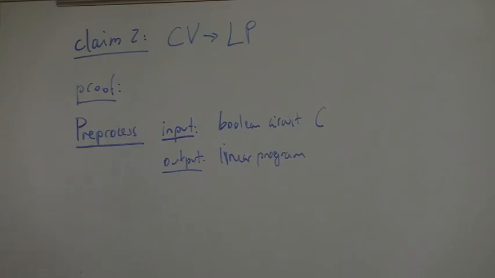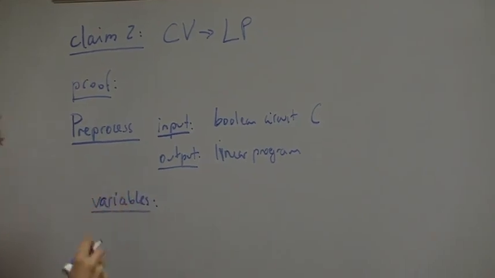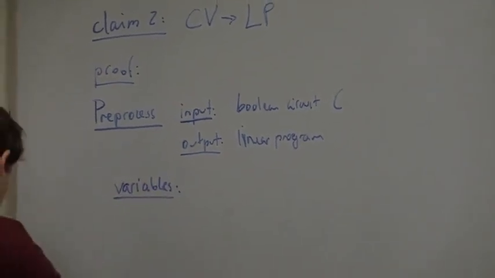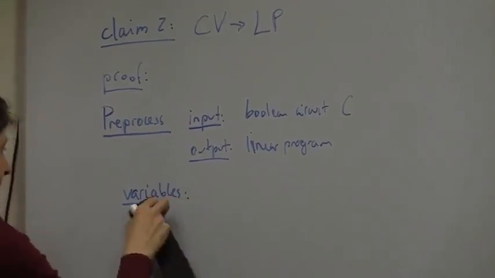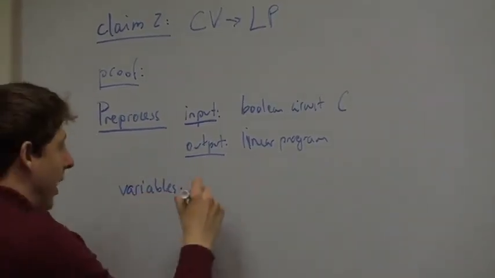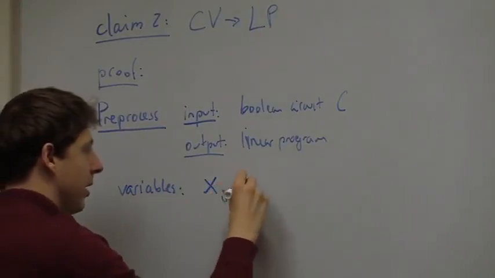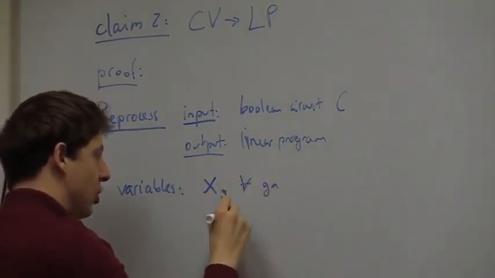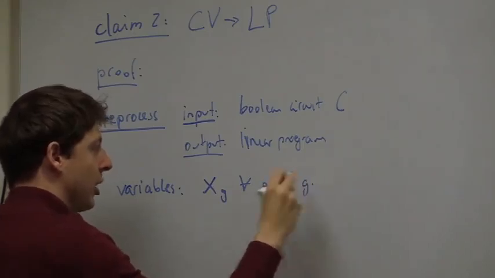So what we're going to do, first, is define the variables. We're going to introduce a variable xg for every gate g.